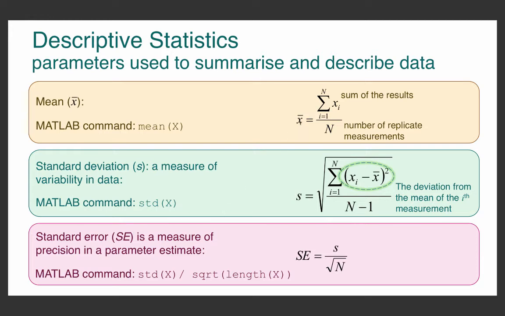The standard error for this sample mean is given by this, where S is the standard deviation of your sample, and N is the number of elements in your sample, or your sample size.